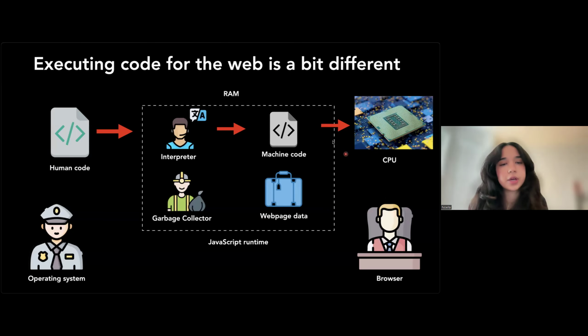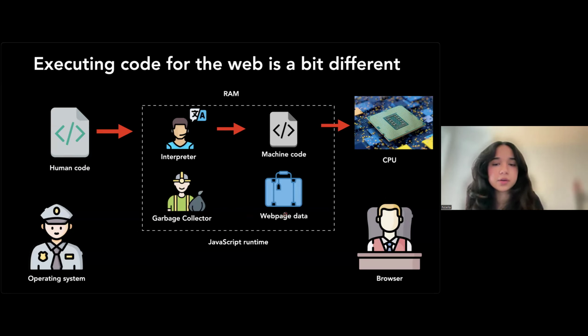And as you can see with JavaScript, there's a little bit extra things. So JavaScript is run with what is called the JavaScript runtime. And this is just sort of a set of programs and different things to help run the JavaScript code. So with your JavaScript runtime, you have the garbage collector, which helps manage the memory in the RAM and make sure to clear and create memory.